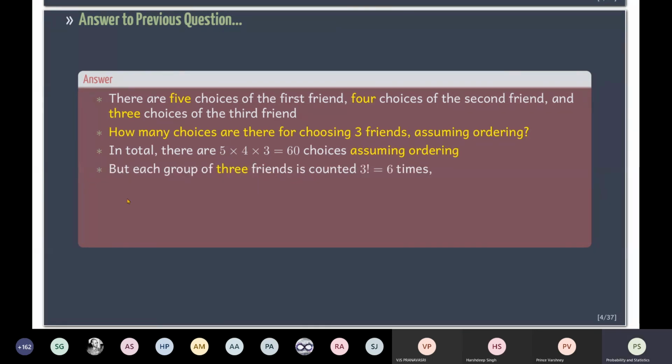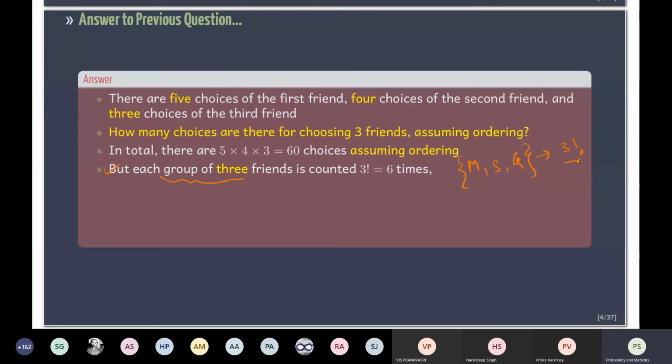But what we notice is that with each group you have selected, since you have assumed ordering, you have counted a group of 3 friends 3 factorial times. Mahesh, Suresh, and Ganesh, you could have picked them in 3 factorial ways, because the permutations of these will be 3 factorial.